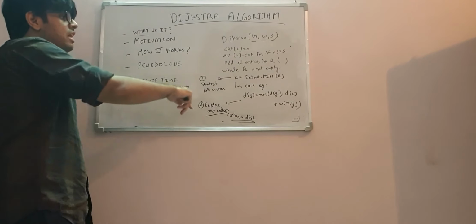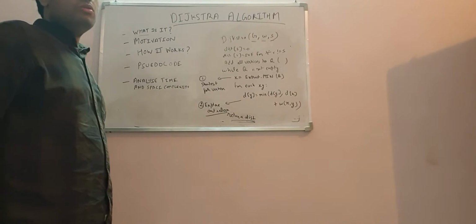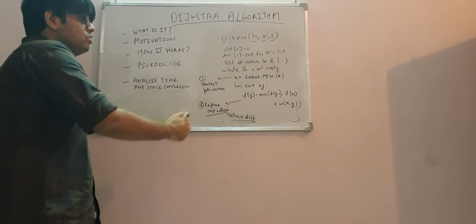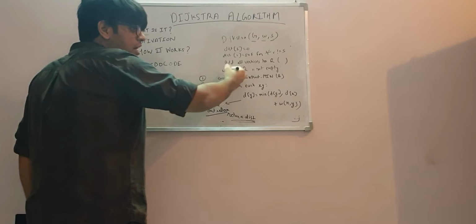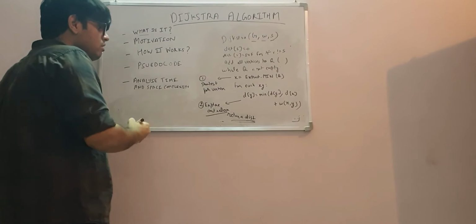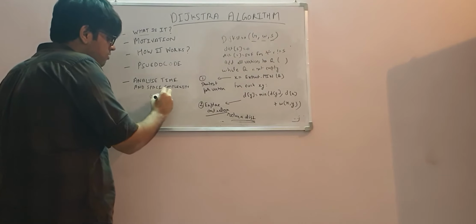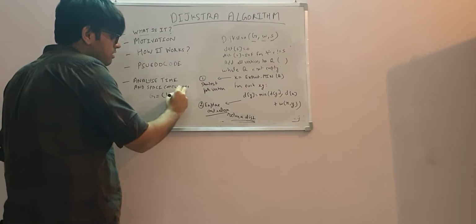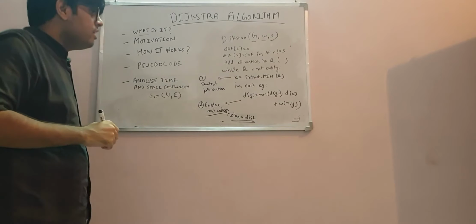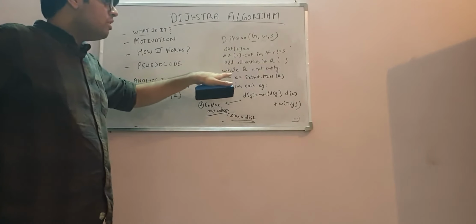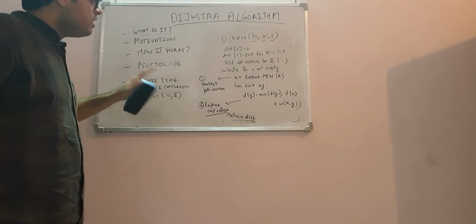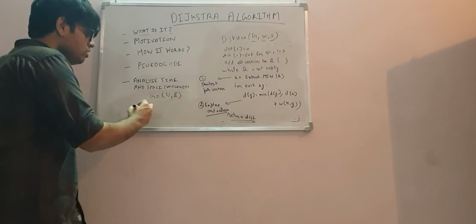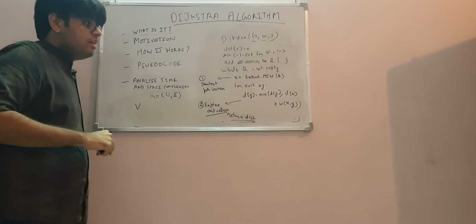So what is the time complexity for this particular pseudocode that we have written? Let's assume that our graph has V vertices and E edges, right? So this particular loop will run till all the vertices are processed, so this will run till V basically, right?